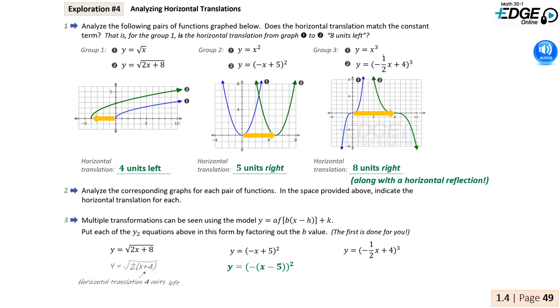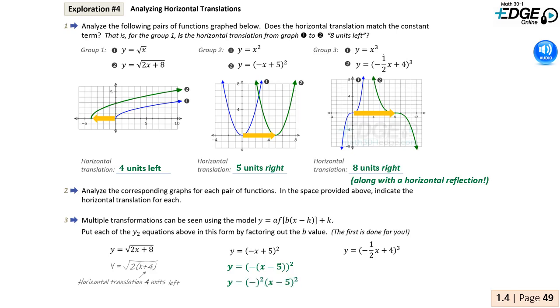Now, in the second pairing, this can be a little bit confusing because when we factor out that negative sign, we then see the translation of 5 to the right. But the negative sign would represent, in this state, a negative b value or a reflection in the y-axis. However, the blue parabola shown there, if reflected in the y-axis, would not change at all, which is to say that that transformation really has no effect.